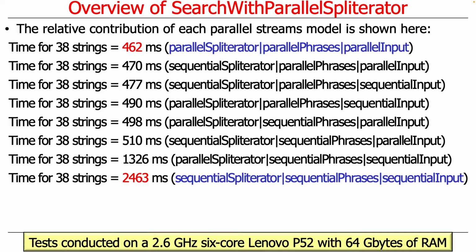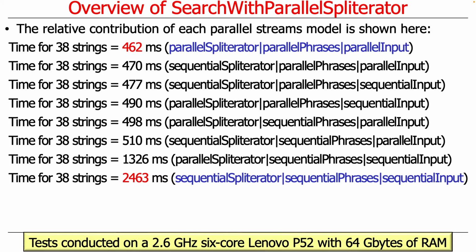When you run this program, and of course your mileage always will vary depending on the type of computer you have, how many cores, how much memory, and so on, which version of the virtual machine you're using, you can see that the relative contribution is shown here for each of the different parallel dimensions. Remember the three parallel dimensions.